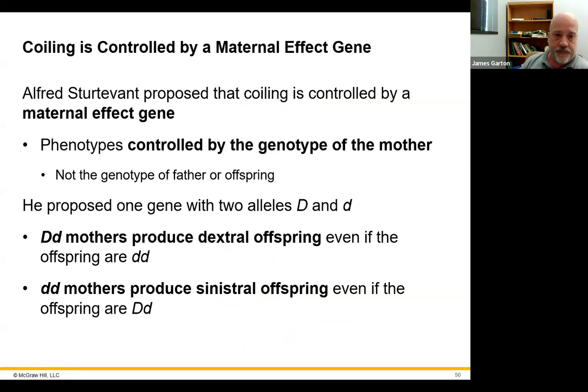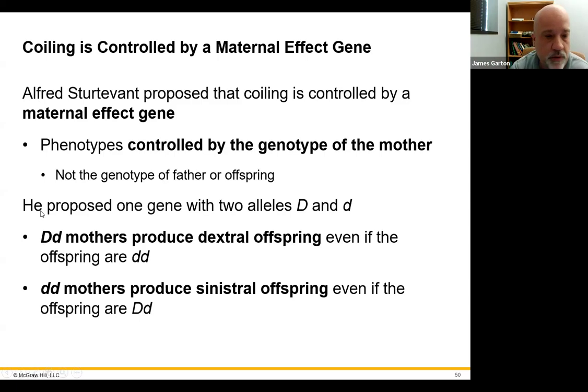When this was discovered, it was proposed that the shell coiling was controlled by what they call a maternal effect gene. The phenotypes in the next generation are controlled by the genotype of the mother, not the genotype of the father or the members of that F1 generation. If the mother is capital D, all the next generation will be dextral.